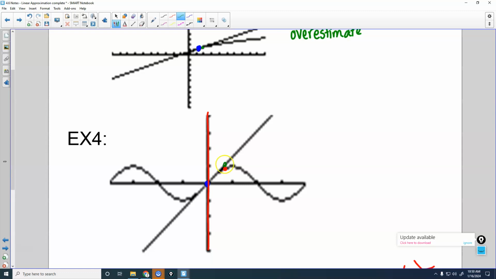It's going to be higher. The tangent line is higher than the actual value, which is the one on the curve, the red dot. I'm not sure what it gave you there, but use what I've got since it's all we've got right here. So on this side, this is an overestimate.